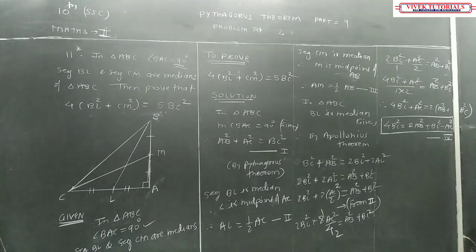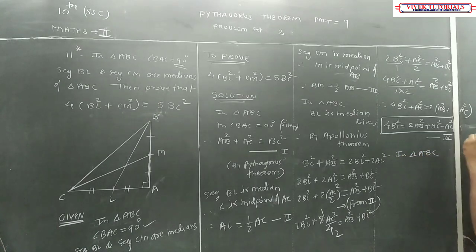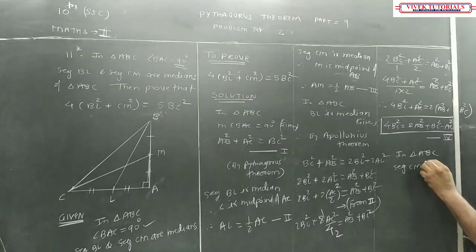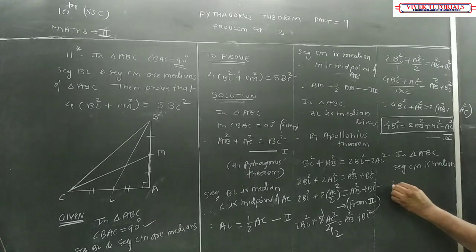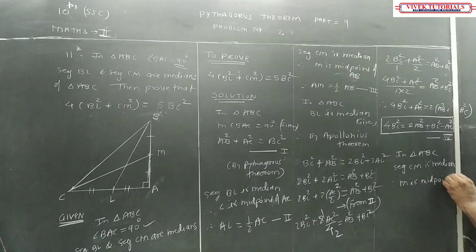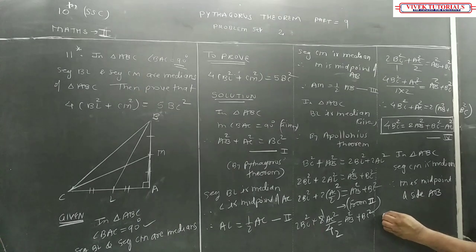After doing that, in triangle ABC, CM is the median. Segment CM is a median. If CM is median, therefore M is midpoint of side AB.